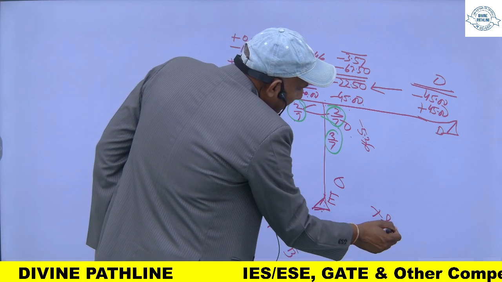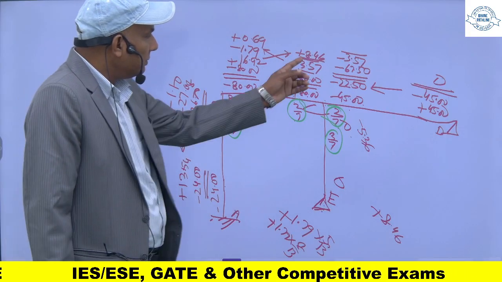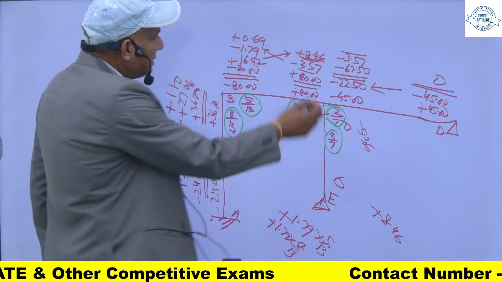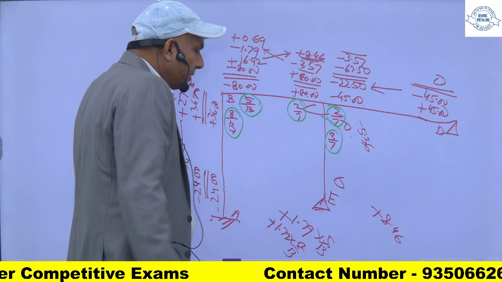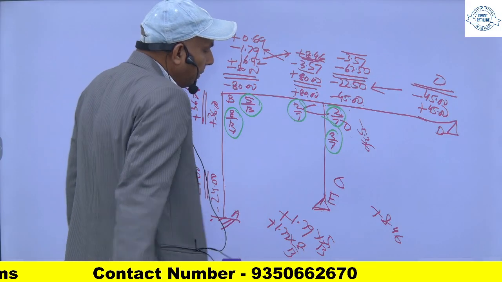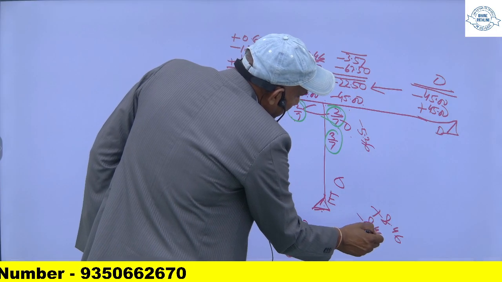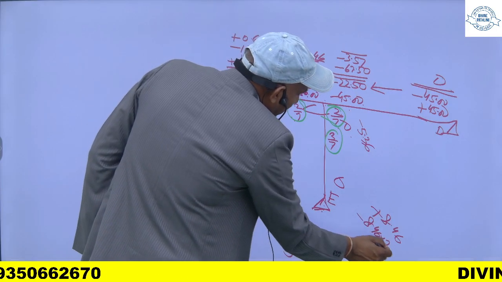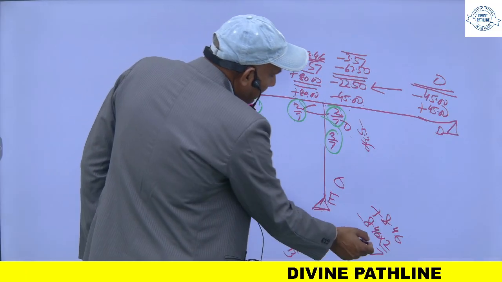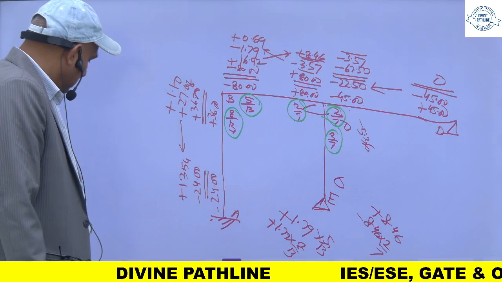For making the sum of all the joints 0, because of the carryover from this side, this 8.46 is extra. This 8.46 will be distributed according to the distribution factor into these members. For making it 0, it will be minus 8.46 into 2 by 7 for this, and same for this.